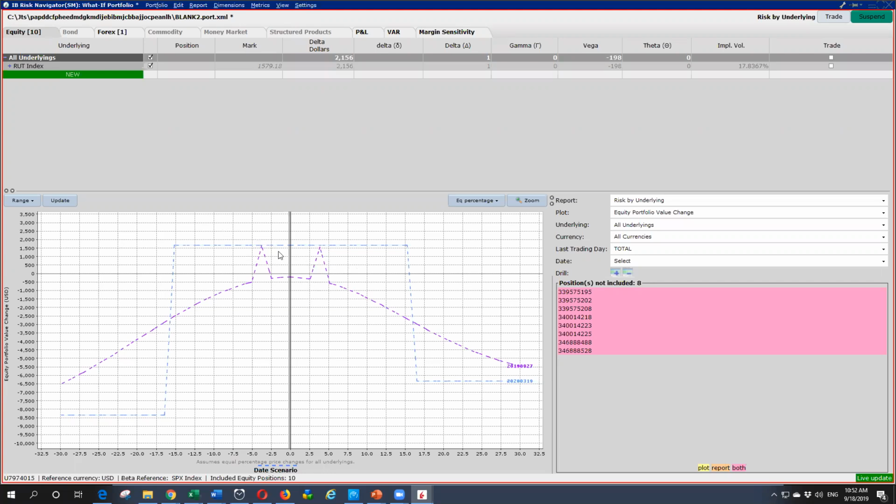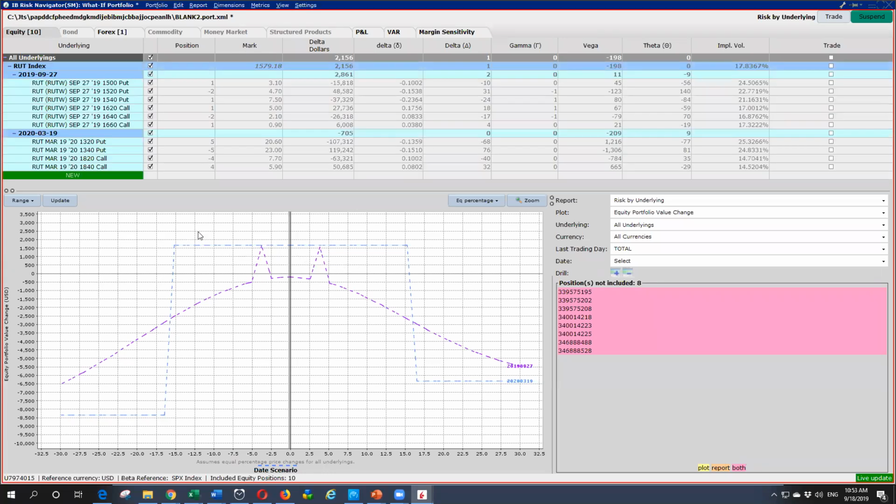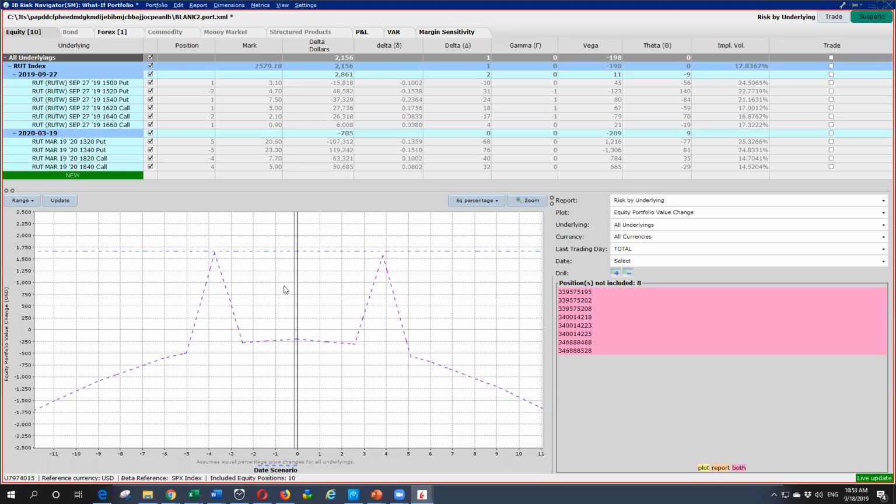But that's the sort of thing I would do. It makes that line a bit flatter. So if we zoom in here with this trade, if we go further out, 6%, we're actually down a little bit more as well. So maybe I'd do it 5 or 6% out. Maybe I was a little bit too narrow, and that would help bring this line back up to 0.